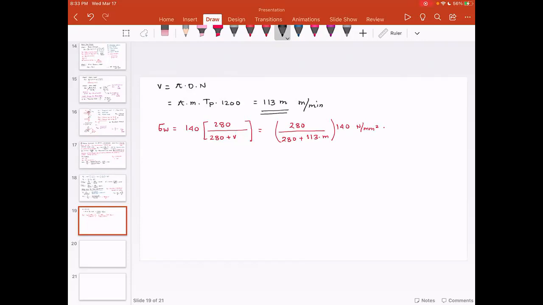And now with this, we are able to solve the problem, except we need to know the value of L. L is nothing but the square root of RP squared plus RG squared, where RP is module times number of teeth for the pinion divided by 2, squared, plus M times TG divided by 2, squared, all under the square root.